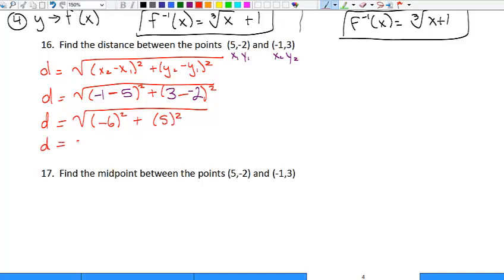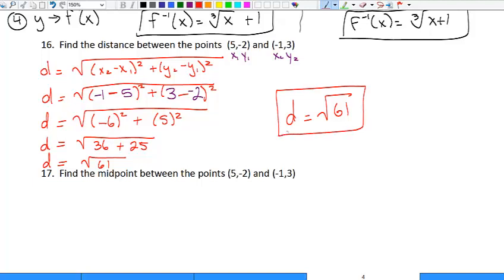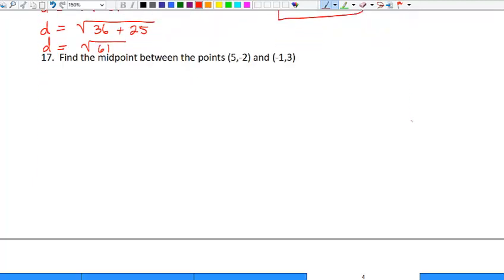So d equals -6 squared, that's -6 times -6, which is +36. 5 times 5 is 25. And then when I add those two together, I'm getting 61. So distance equals the square root of 61. Technically 61 units because we have a length, but we don't really have a length in this problem. So d equals root 61 should be sufficient.